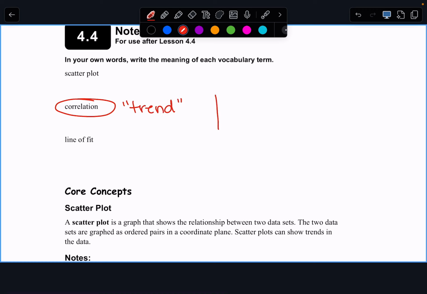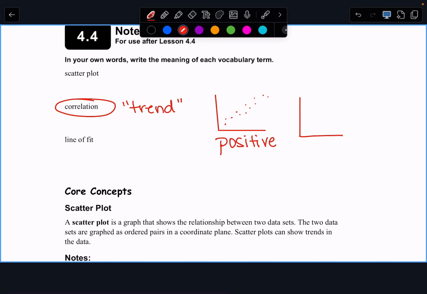So we could have 3 different kinds of correlation. We could have positive correlation, like we did in our hula hoop thing, where we have a bunch of coordinates that look like they have a positive linear trend, okay?